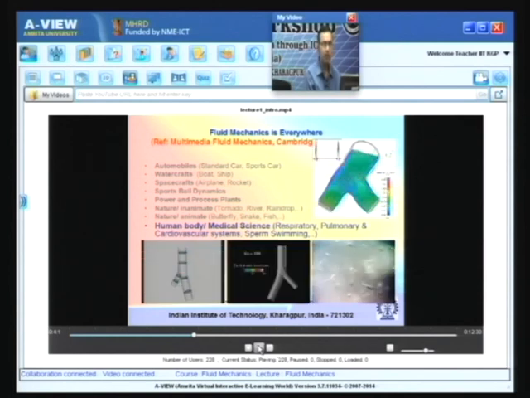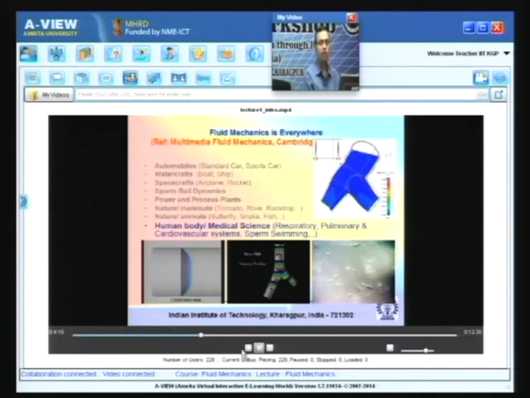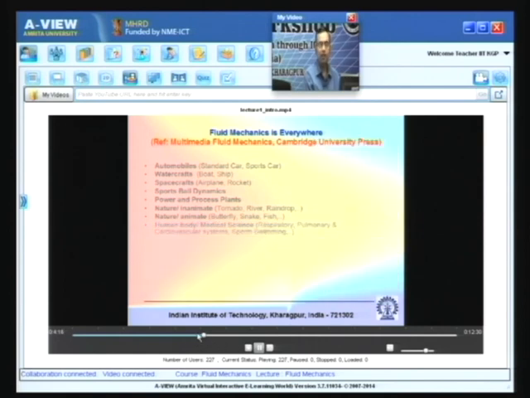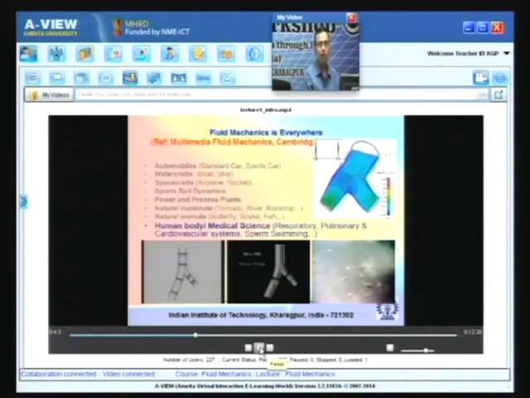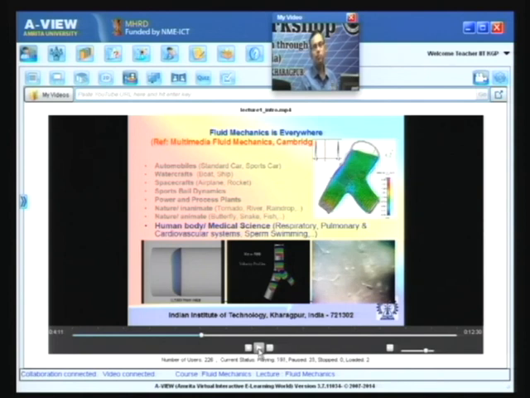Now very close to natural sciences we have biological sciences, and fluid mechanics has lots of applications in understanding the mechanics of human bodies or medical sciences, like the respiratory system, the pulmonary system, the cardiovascular system, swimming of sperms. In this context I can give you some perspective on how complex this can be.